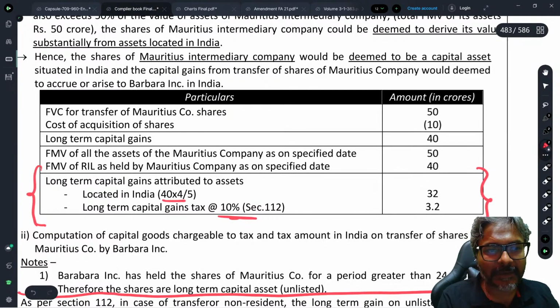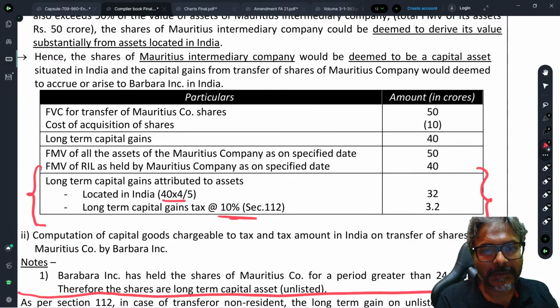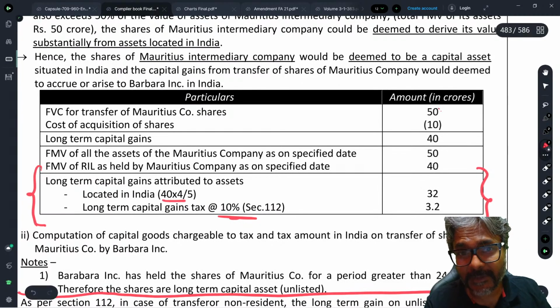Now, just one last point, students. The long-term capital gains, you have calculated without indexation. So selling price is 50 crores, cost of acquisition 10, and 40 is the long-term capital gains.